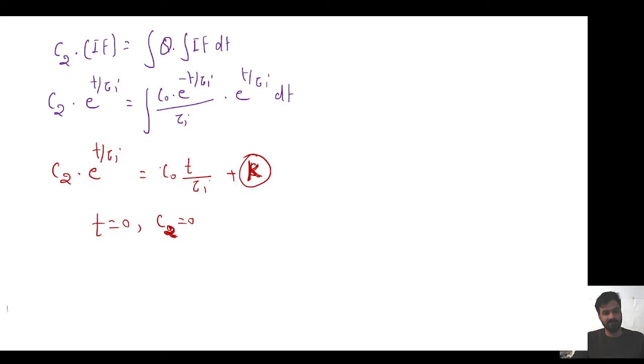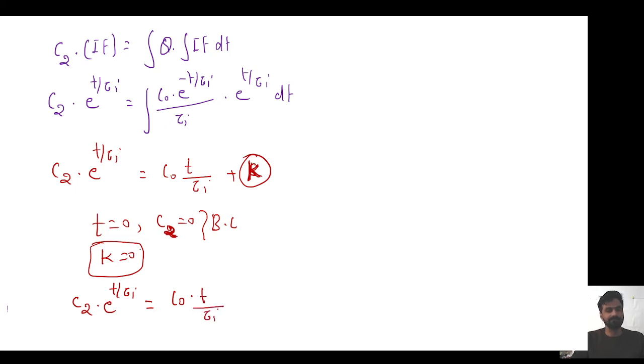If C2 is equals to 0 and t is equals to 0, so k will be equals to 0. This is our boundary condition. So no C2 will be there at t is equals to 0. So can I write C2 e to the power t by tau I, that is equals to C naught t by tau I. Are you getting?